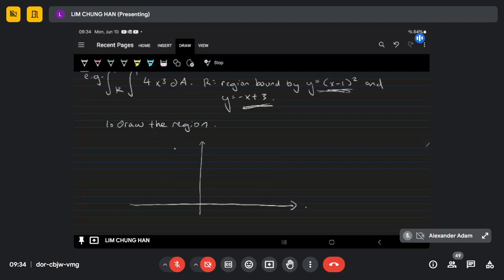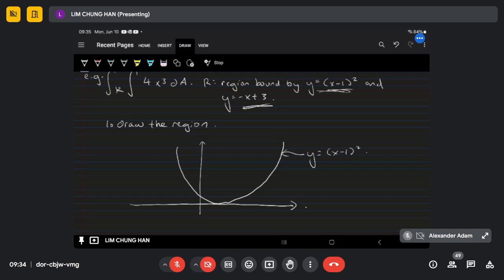It's a parabola that is not at 0, 0. You need to learn how to draw this, otherwise you will struggle with drawing the region.